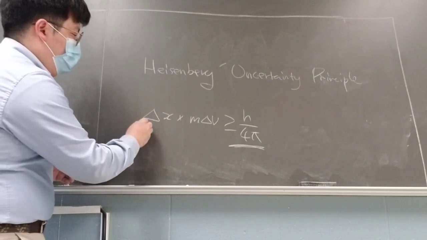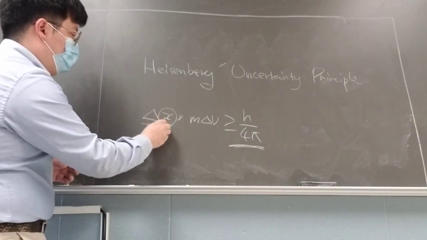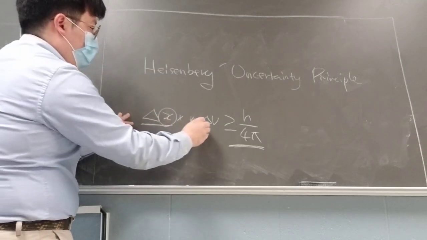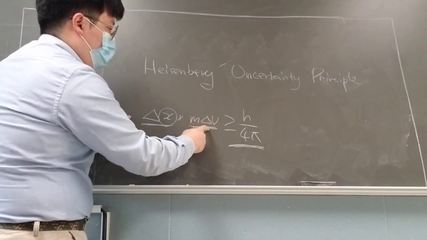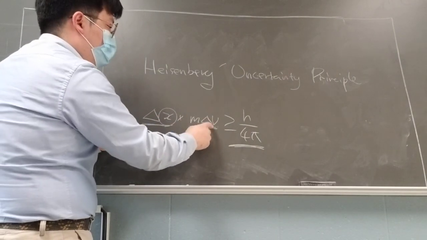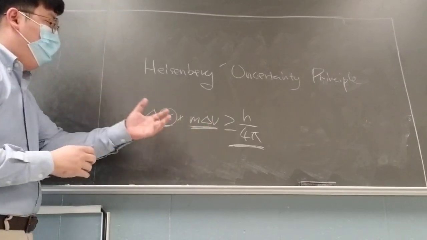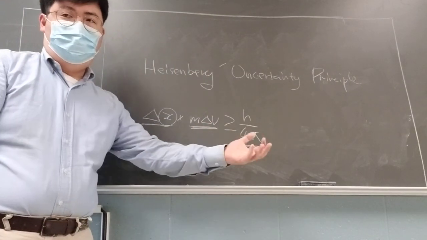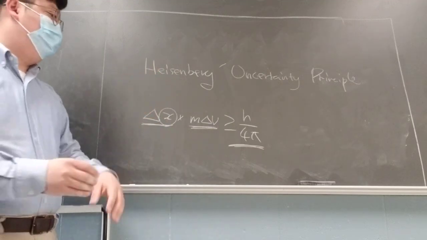The thing is a change in position. So x means the position coordinate, and this is like momentum, but in terms of the change of the speed or the velocity. So it's the momentum change and the change in the position of the particle.